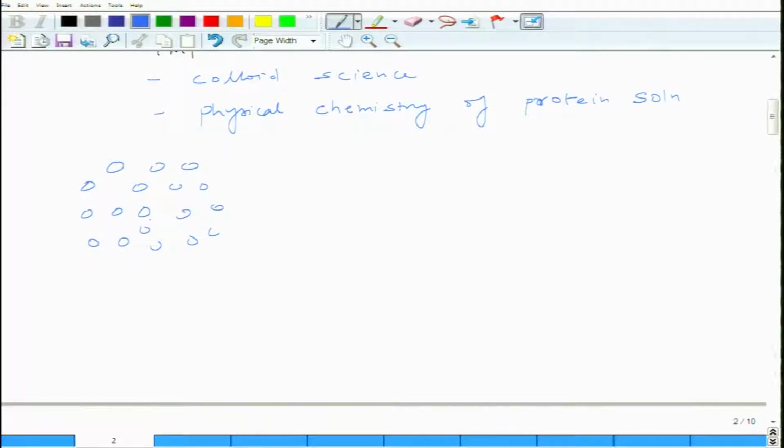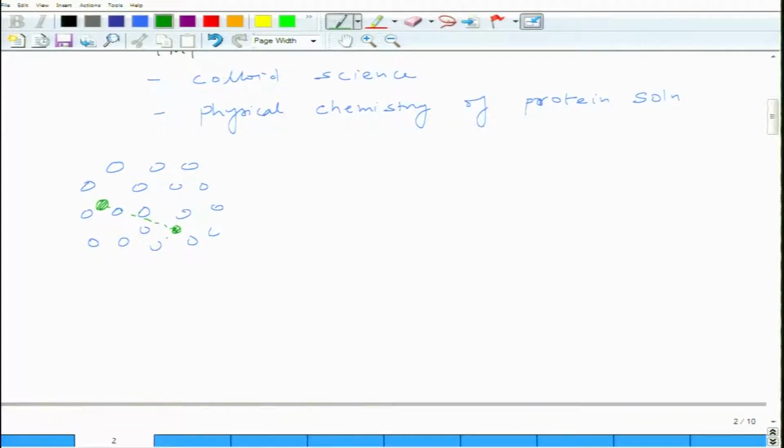Let us say this is one solute and this is another solute. In order for the solutes to come closer, when you bring them close enough, they must repel these blue circles.